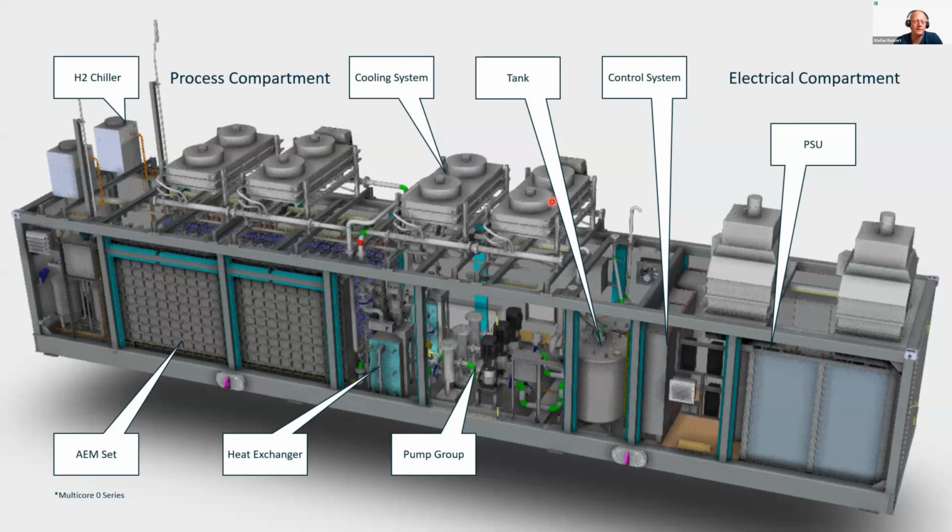Okay, thanks for that. Next question goes a bit into the design. So why should we have all the systems in a 40-foot container? What would be the problem if we had one smaller container for the production, so for the electrolyzers, and one or more containers for the skids and aux devices? So it depends on the space where you want to run the system or to operate the system.